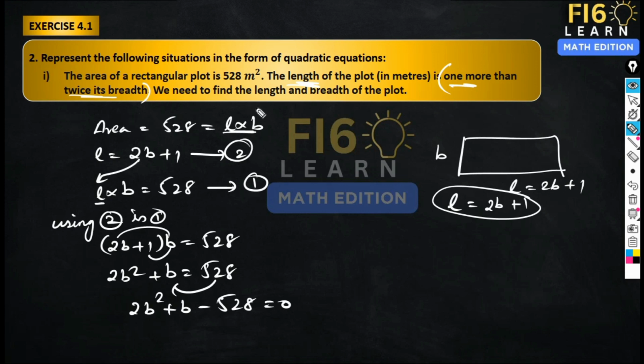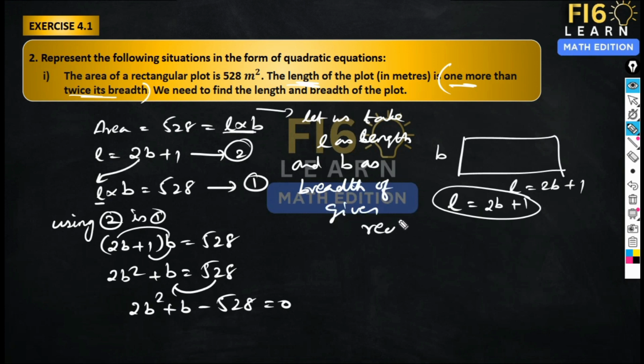Here you can write, let us take L as length and b as breadth of the given rectangle, or given rectangular plot. Whatever terms you use on your own, you have to mention and describe what they are. Otherwise there is a chance your marks will get reduced, so please be careful on this.